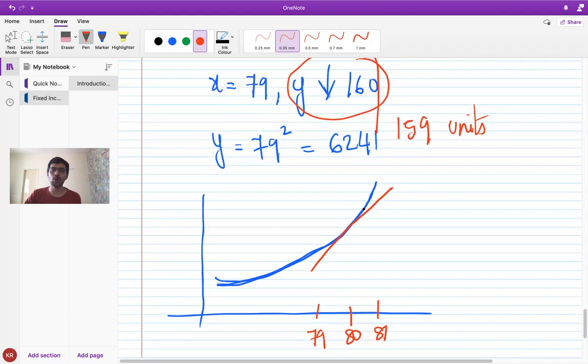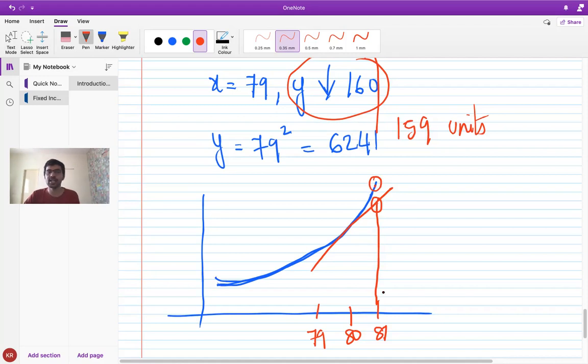Now, what the slope is actually doing is giving you a point on this line, whereas the actual point is lying on the curve, which is higher than the point on the line.